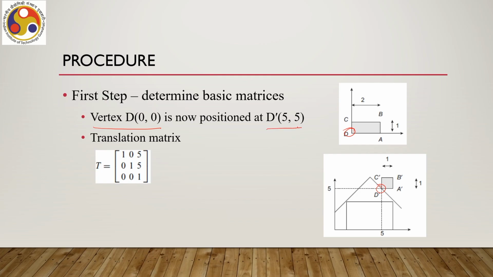So, the translation matrix should be this one: 1 0 5, 0 1 5, 0 0 1, that is Tx equal to 5, Ty equal to 5. Translation along x axis should be 5, translation along y axis should be 5.